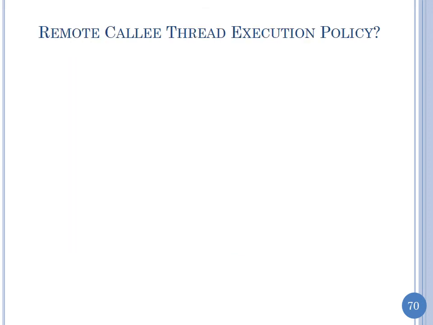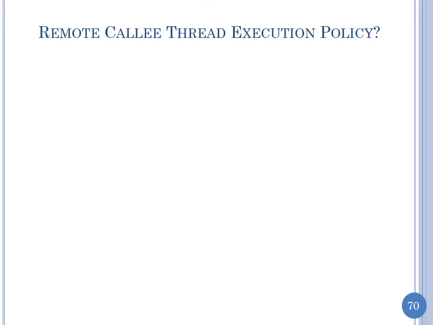So the issue we looked at last time was how remote calls are serviced by threads in the callee process. There's the caller process that invokes the call in a user thread.